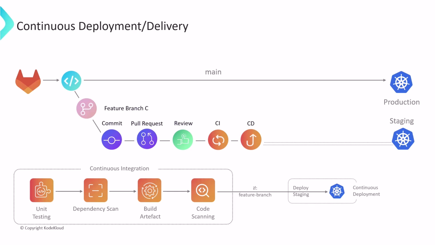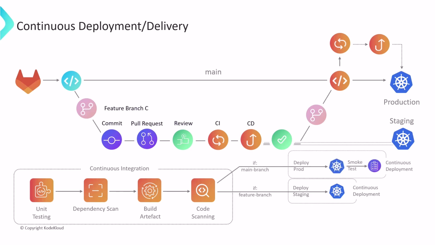Upon successful completion of CD, the pull request is approved and merged back into the main branch. Within the main branch, the CI pipeline is triggered assessing the newly merged changes. If successful, it automatically initiates the CD pipeline, which results in deployment of the application to the production environment. This automatic deployment process following successful continuous integration is often referred to as continuous deployment.